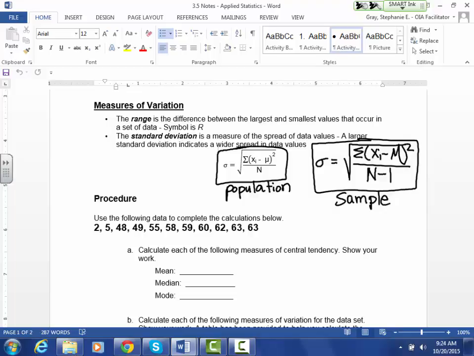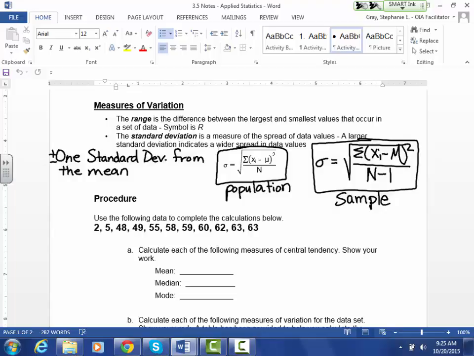Now, here's the other thing I need you to write down, which is about the confidence levels. We talked about this yesterday, but just so I don't have to give you another page of notes, these are all the notes for this unit. So one standard deviation from the mean, and I really should put plus and minus in front of that.